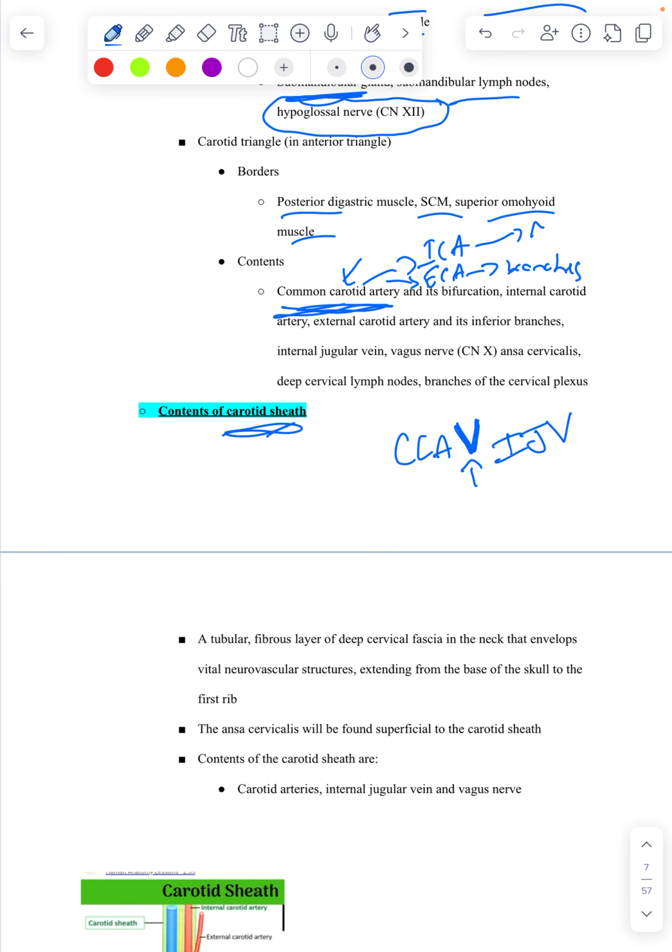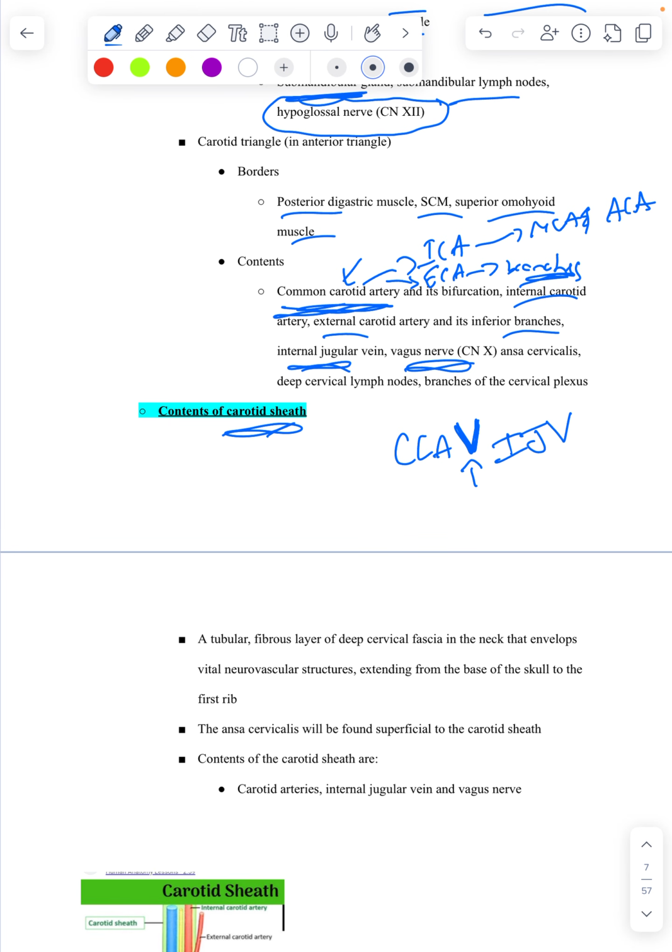Later, it'll become the MCA and ACA, middle cerebral artery and anterior cerebral artery. Not cerebellar, cerebral. But the external carotid you can tell because it branches, and we'll go over the branches as well. So, like we said, you have an internal jugular vein, your vagus, external carotid, internal carotid.